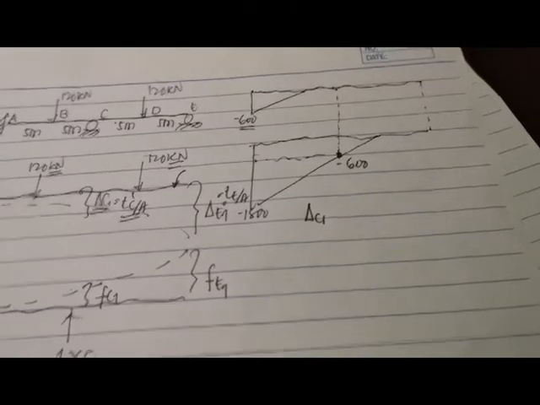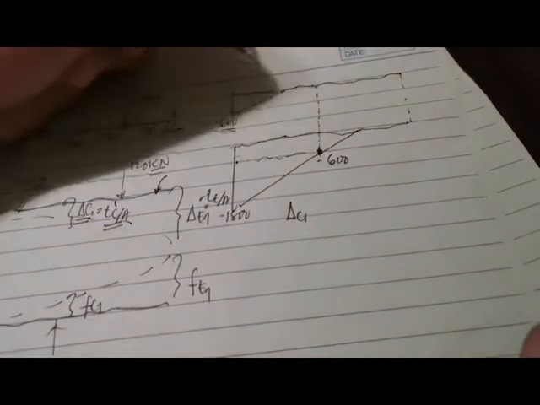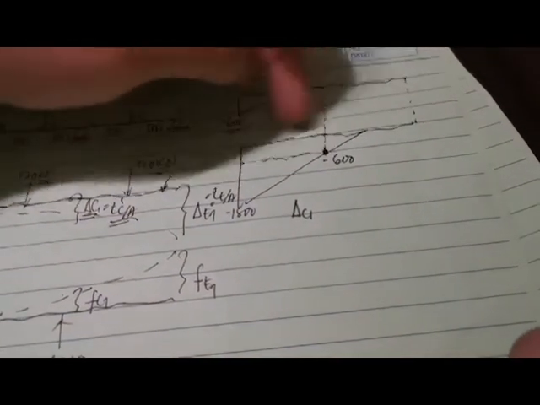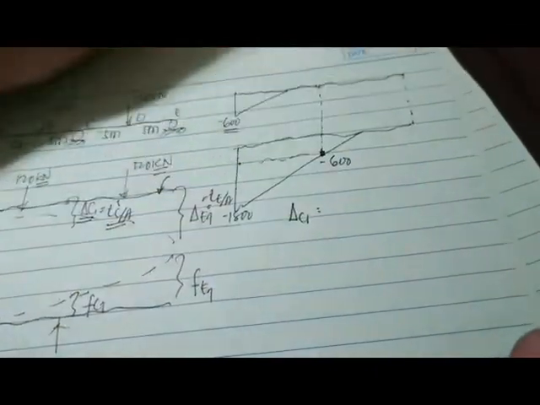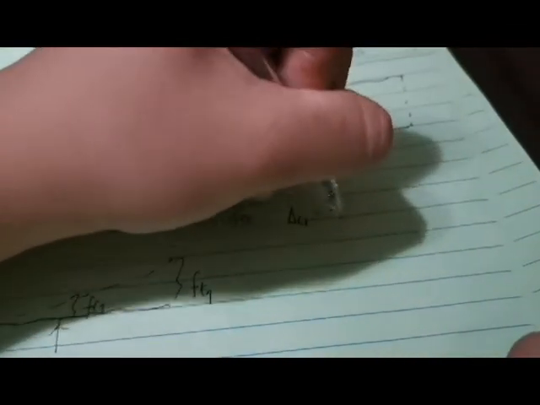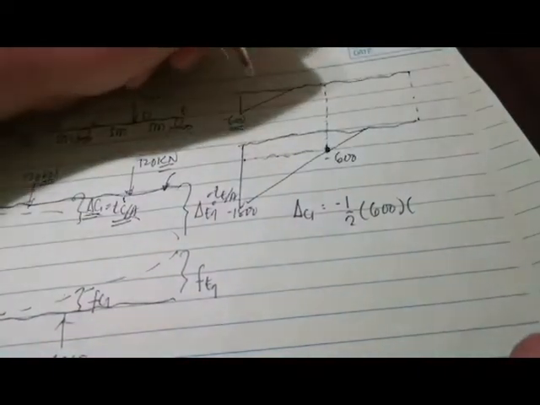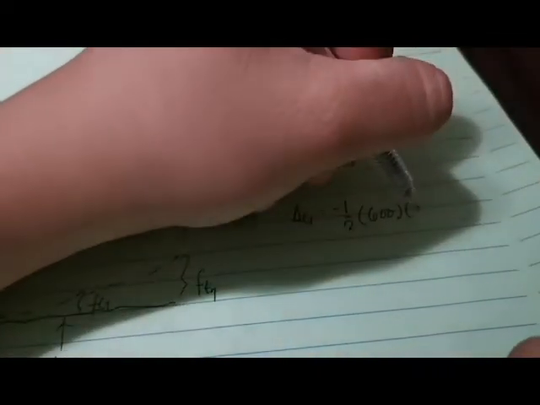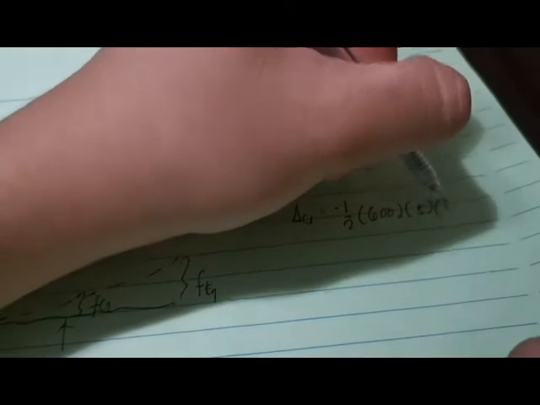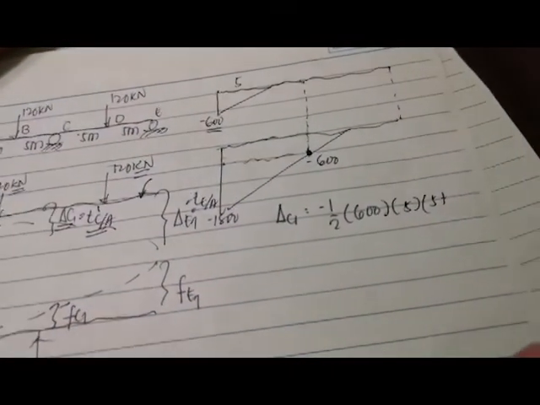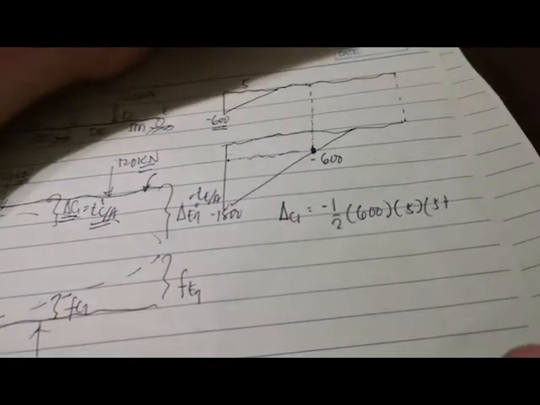Now let's determine the first moment of area due to this one, equal to negative 1/2 times 600 times 5 times 5 plus 2/3 of 5.